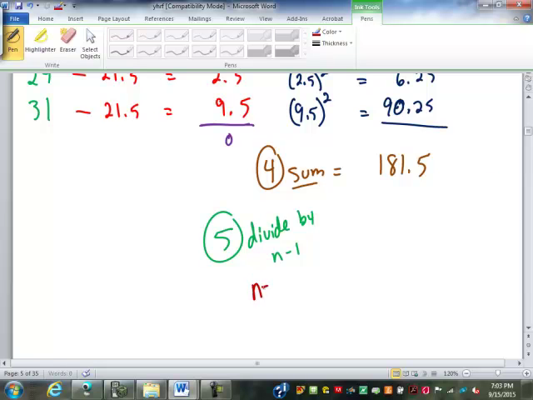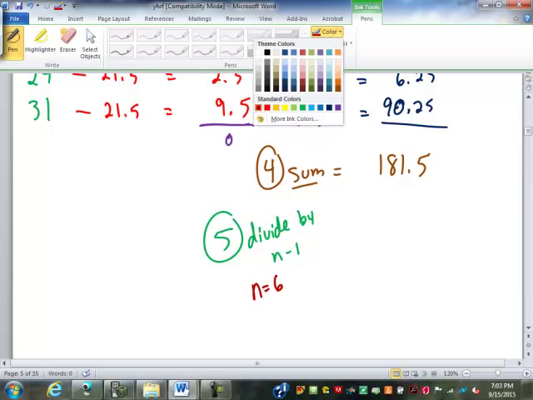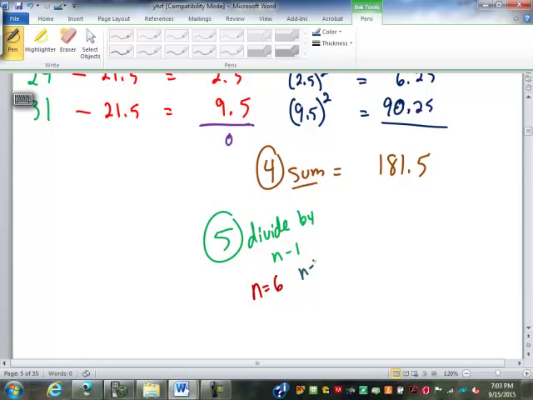So if n equals 6, n minus 1 equals 5. So what we're going to divide by up here is 5, which is going to give us, is that 36.3?